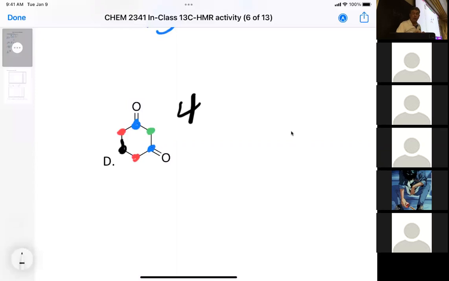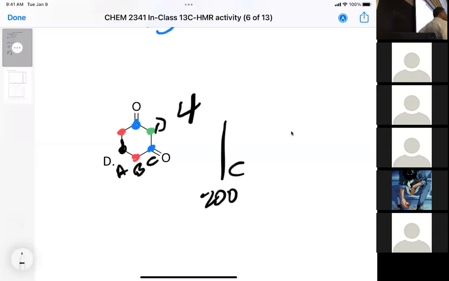And our carbonyls are going to be the furthest downfield. So I'm going to label, let's go A, B, C, and D. So C is going to be down near 200. And then the next thing that's going to be there, which is next, D or B? D, because it has 2 carbonyls pulling on it.